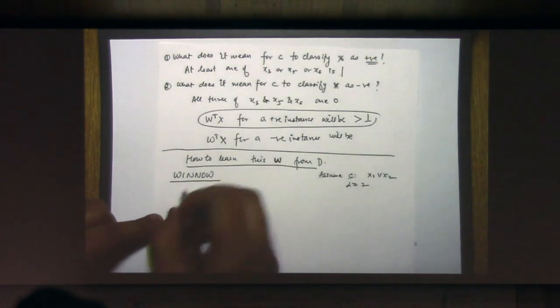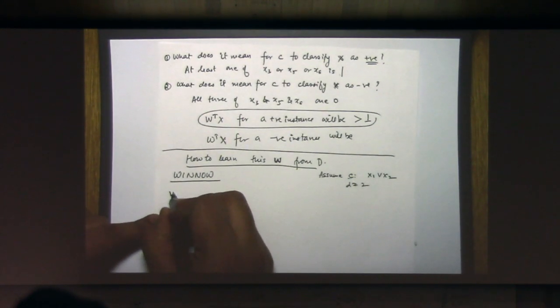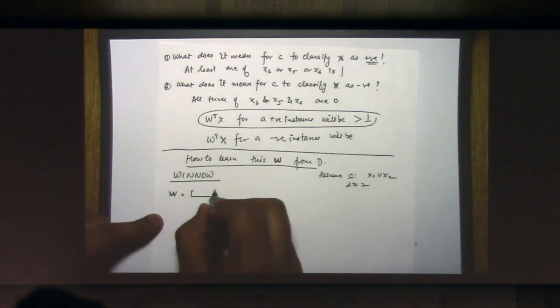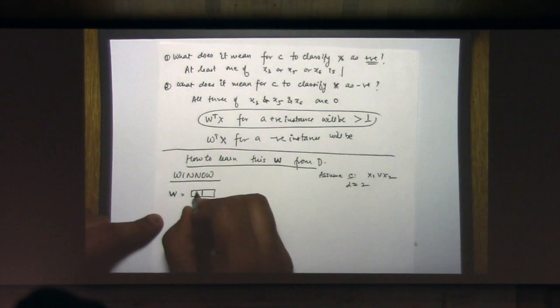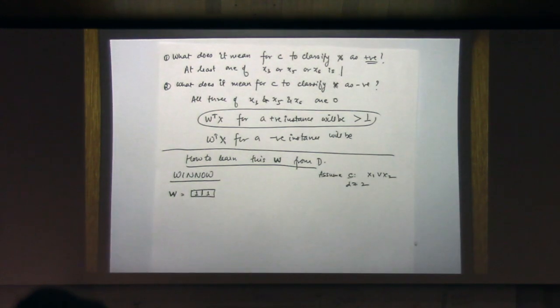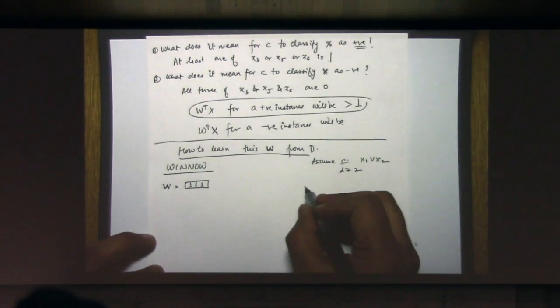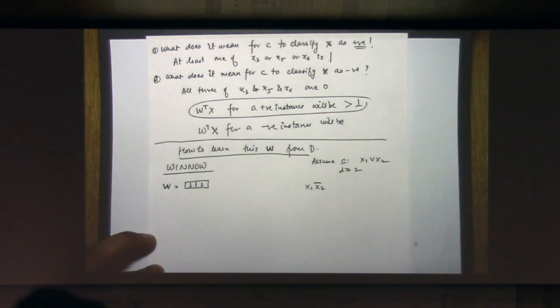Now, how does Winnow work? First, the W that it wants to learn has 2 values. So let's call it a vector. In the beginning, I initialize it to 1. Both are 1, right? Now, let's say the first training instance that I get is x1, x2 bar.